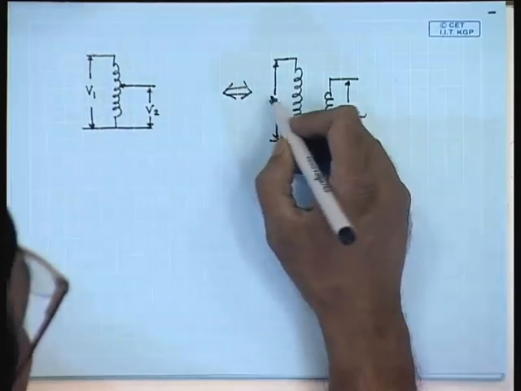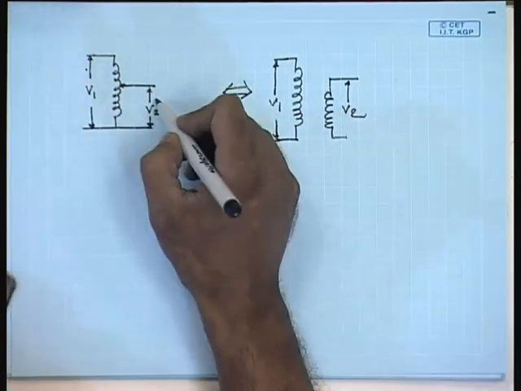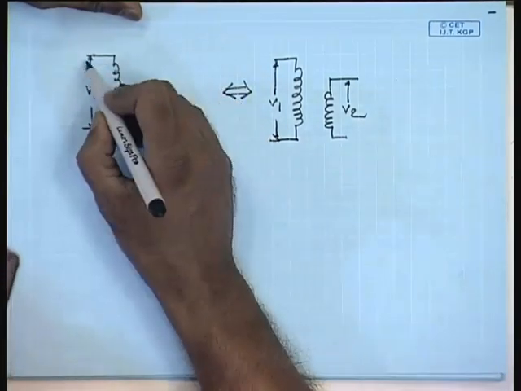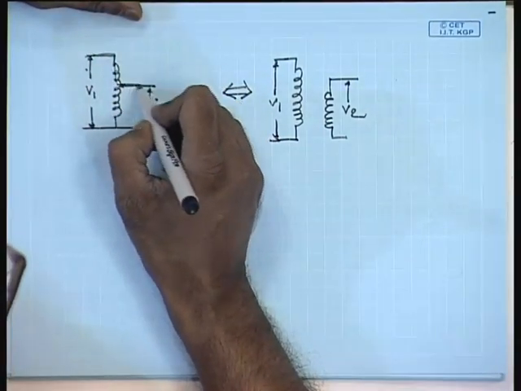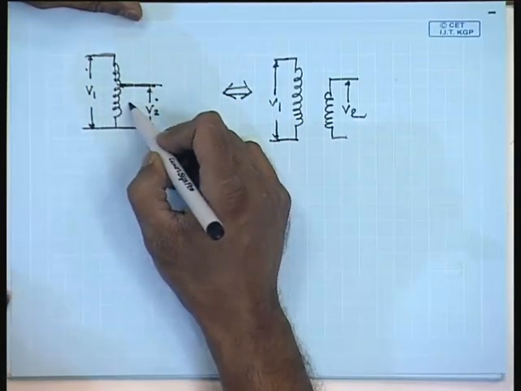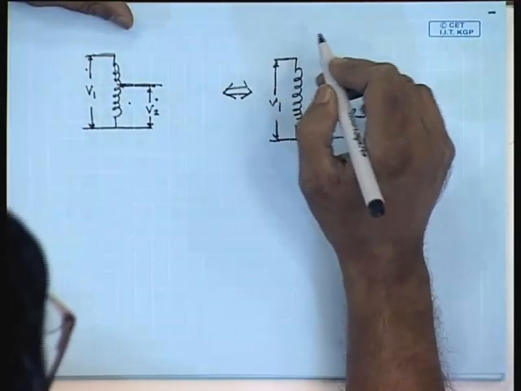the power transfer from input to output in this case occurs not only by the conductive path like this, but also by magnetic induction.